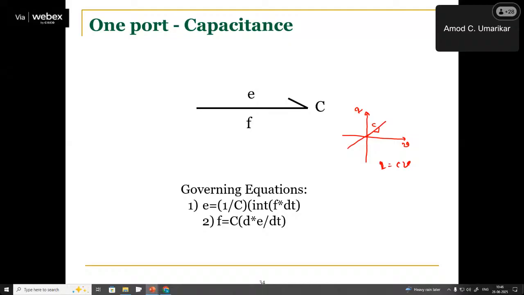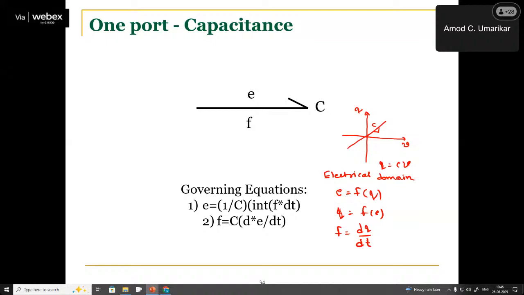Otherwise, there will be non-linear equations, but they will still model energy storage only. For example, in the electrical domain, which is the most comfortable domain for us right now, either E is a function of Q, or Q is a function of E, where F is nothing but dq by dt.